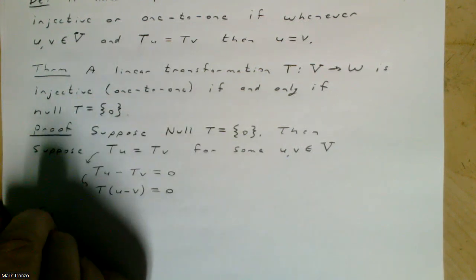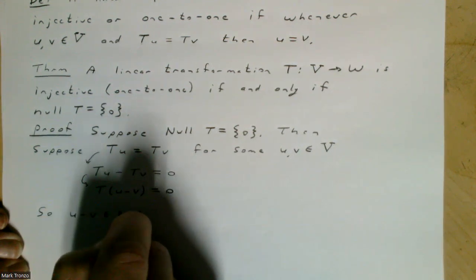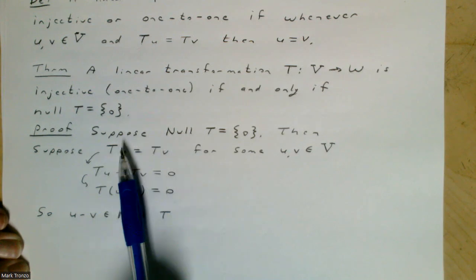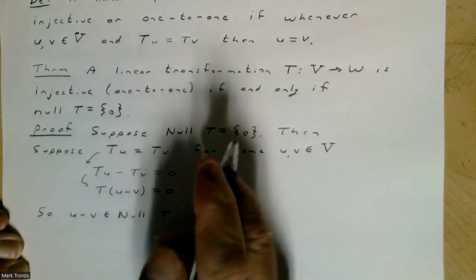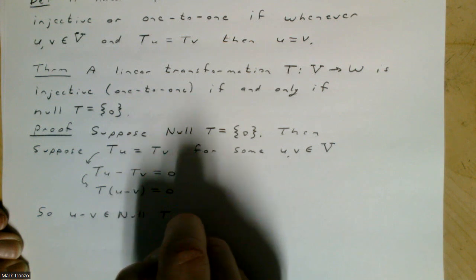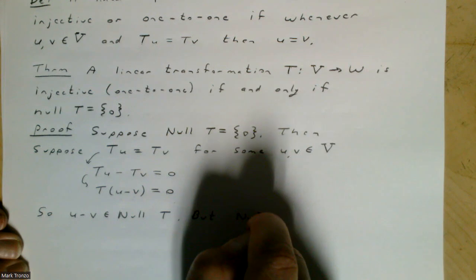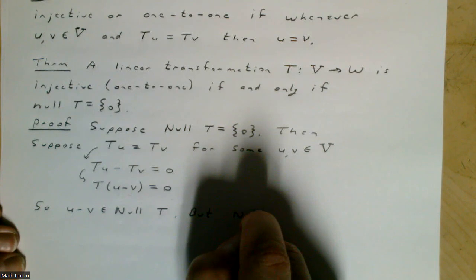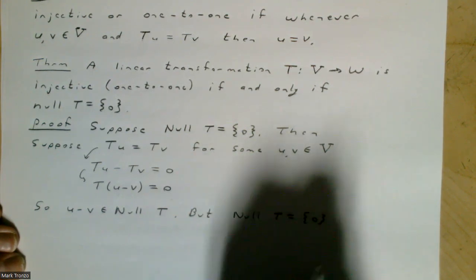So u minus v is in the null space of T, but remember what we have up here: the only thing in the null space is 0. The null space of T just has a 0 vector.